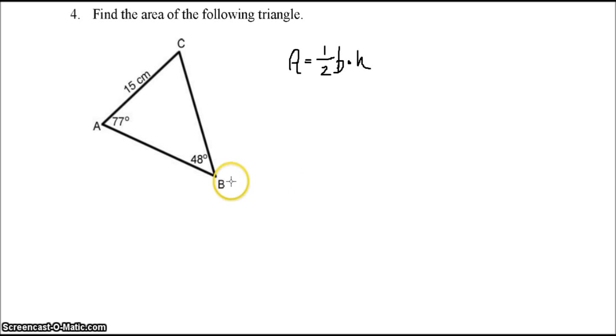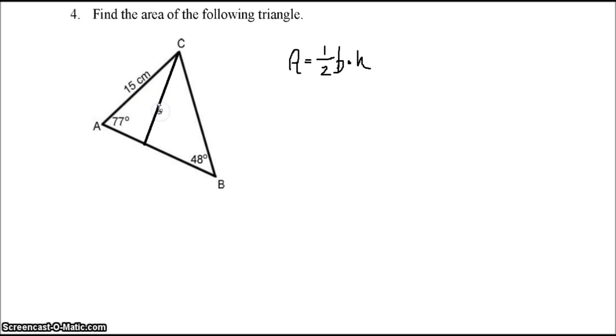Or I think even easier would be to put it right here, I hope. This way we have a base of 15 centimeters. No, that's still not very easy. I'm trying to find the one with the least amount of steps possible. I think this will be just as good as any, and it'll be the easiest to look at.